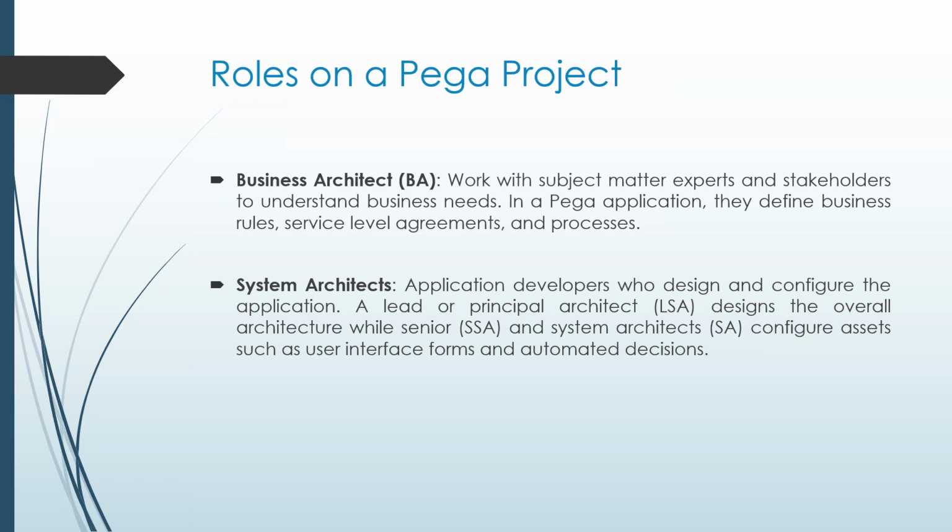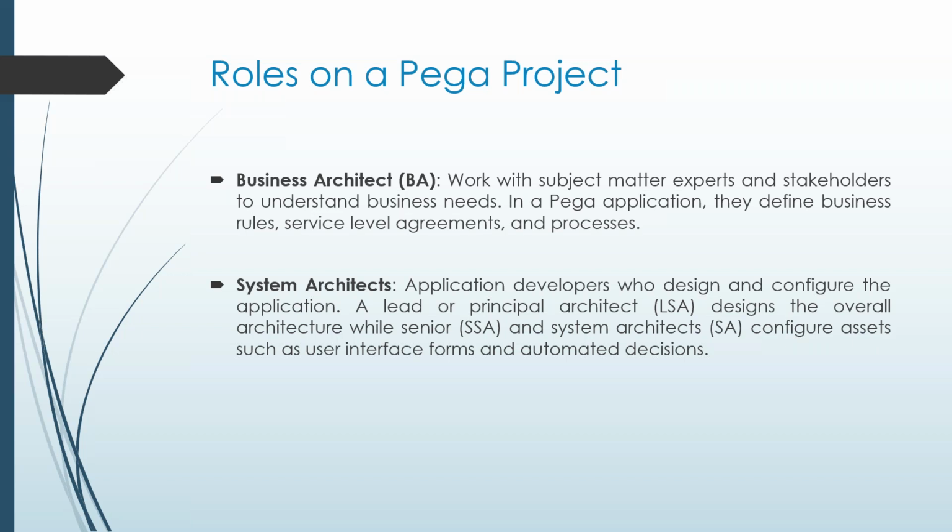They work with the product owners or stakeholders to get the requirements, and they define the business rules. We'll slowly get to understand what business rules and service levels are. As of now, it is fine if you do not understand this, but just make a note of the various roles.